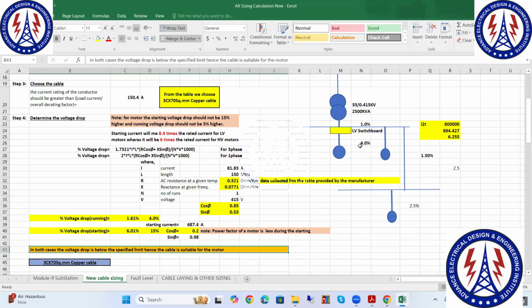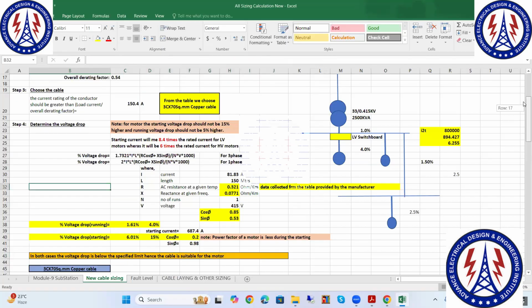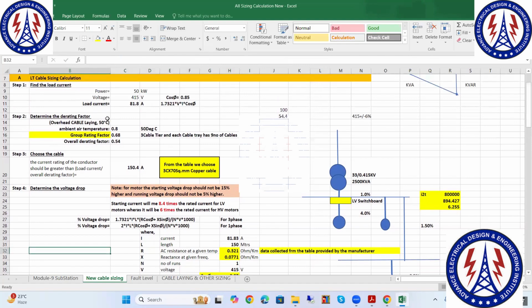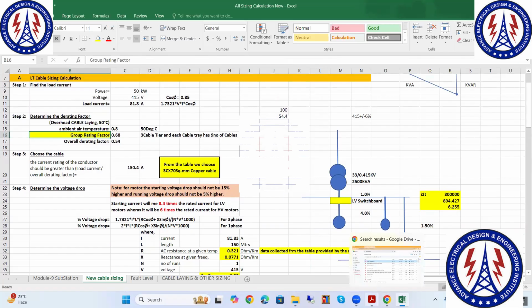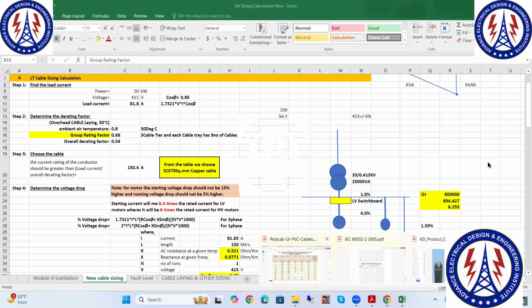Okay, thanks. Sir, can you repeat the group rating factor? Where is it seen? Step 3, step 2. Derating factor. Group rating factor, sorry. Group rating factor is, see, we are not using a single cable in the plant.